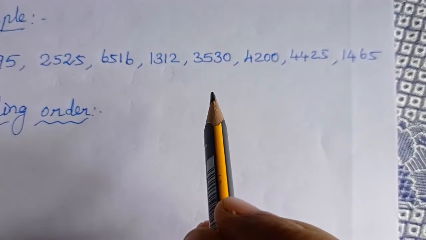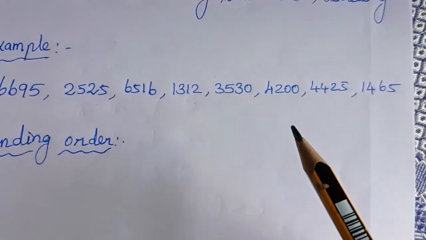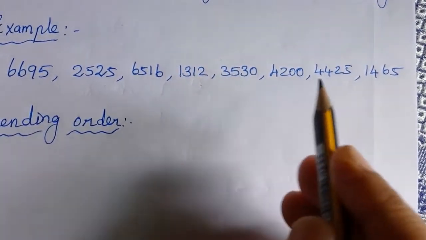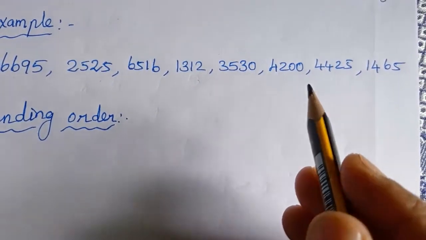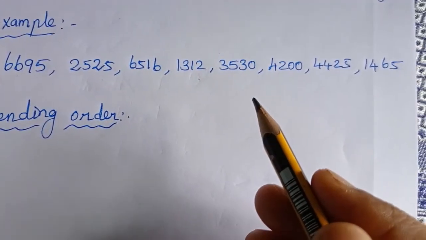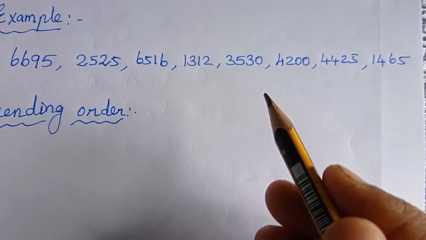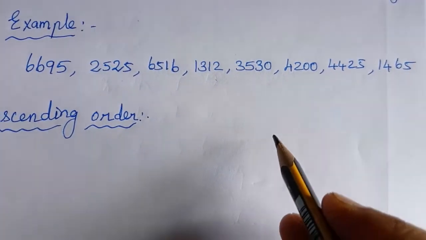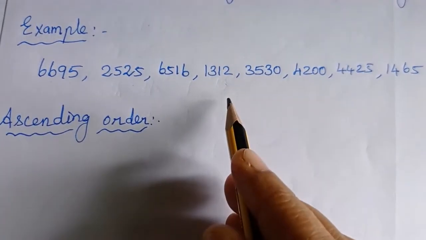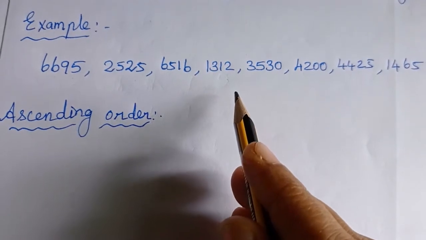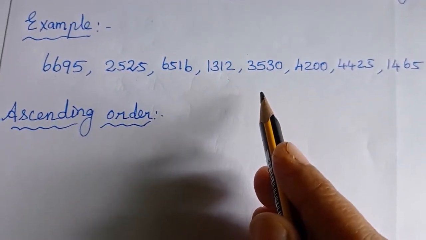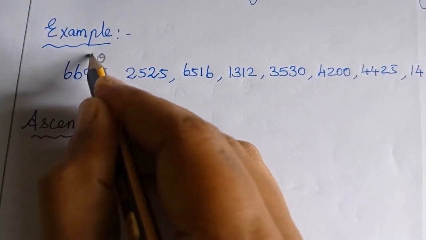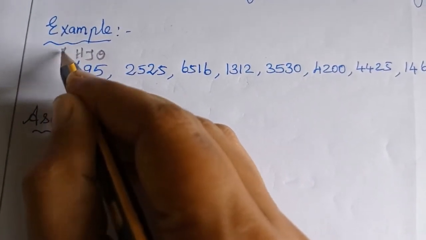So what do you want to do next? If all the numbers have the same digits, then check their place values, starting from the highest place value. The 4 digit numbers have the highest place value of 1000, that means ones, tens, hundreds and thousands.